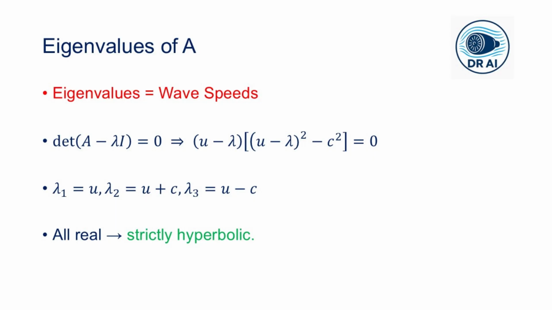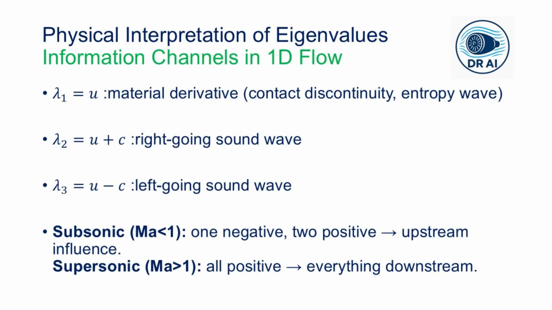The Euler system is strictly hyperbolic, which means physically that u is the information that moves with the fluid particles. u plus c is the sound wave that propagates downstream relative to a fixed frame. u minus c represents the sound waves propagating upstream.